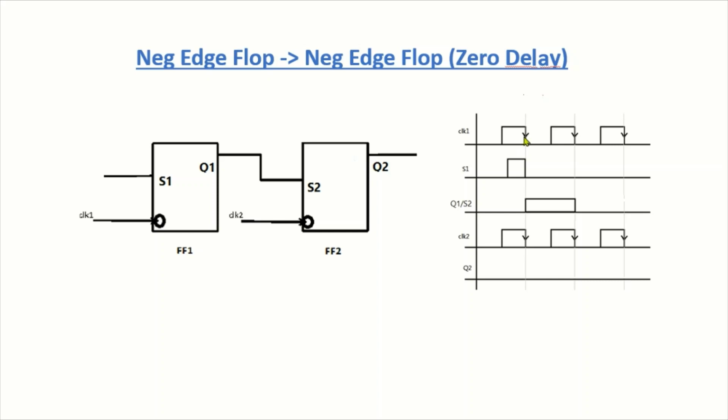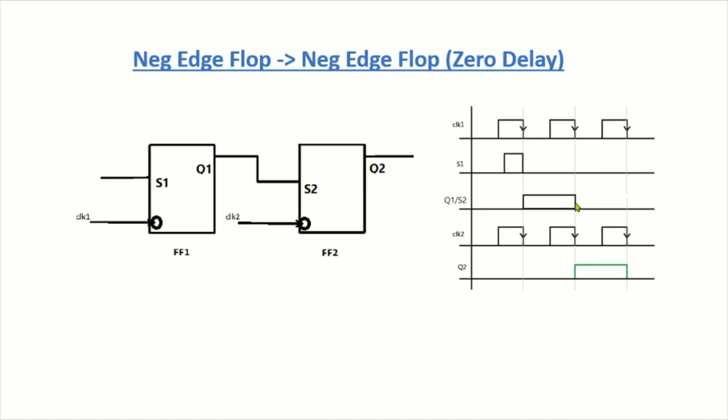When the clock detects the S1 data at S2, the output of Q1 starts from the negedge of the first clock and holds up to the negedge of the other flop. Here we can see the data is propagating to Q2 without any error.